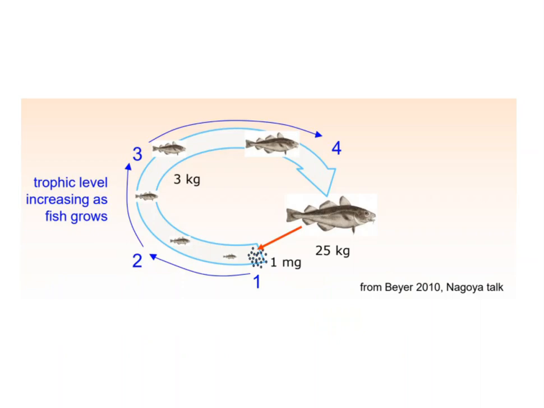So why is it important to keep track of the weights of different fish? Well, the basic reason is because fish grow over so many orders of magnitude. If you had something like a terrestrial system, it would be okay to say, for example, that lions eat zebra, but zebra don't eat lions.